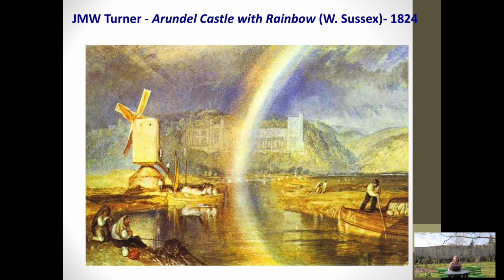Here we have one of the images that actually juxtapose modernity and history. So the old historical seat of an aristocratic family in the background, and in the foreground the bustling commercial port, people working, completely modern then, of course, not now, windmill.